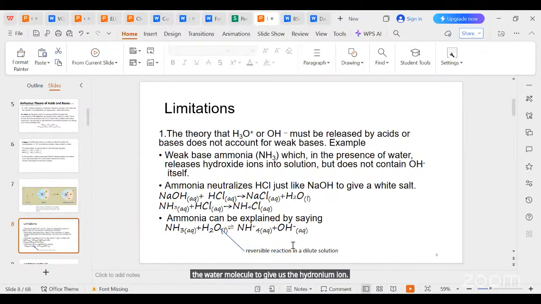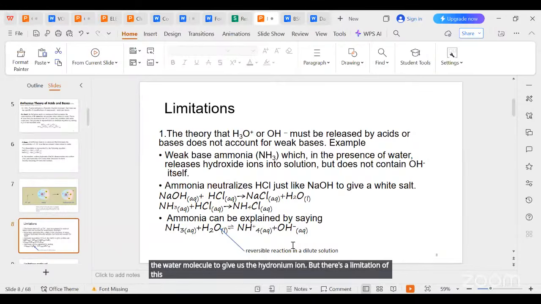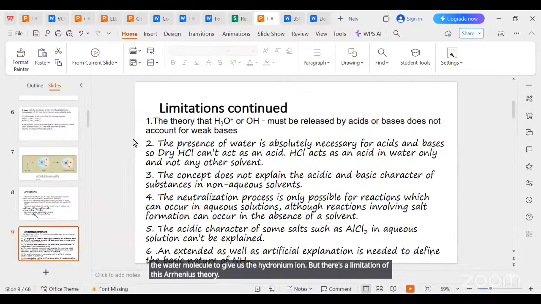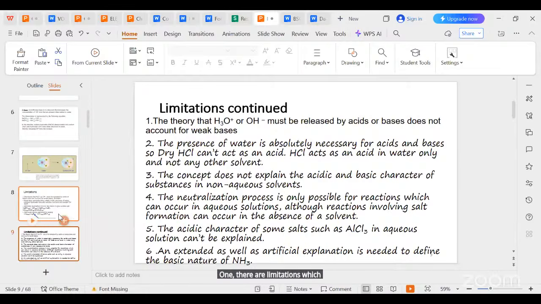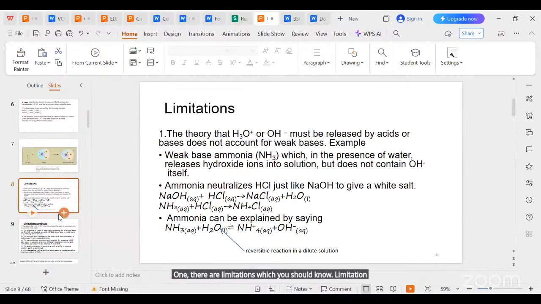But there is a limitation of this Arrhenius theory, which you should know. The limitation is that the hydrogen ion, the hydronium ion or the OH must be released or accepted by an acid or base.